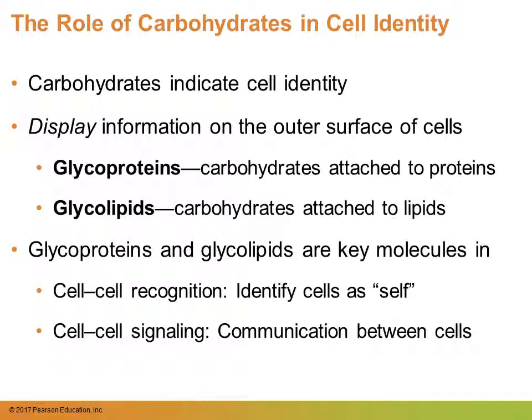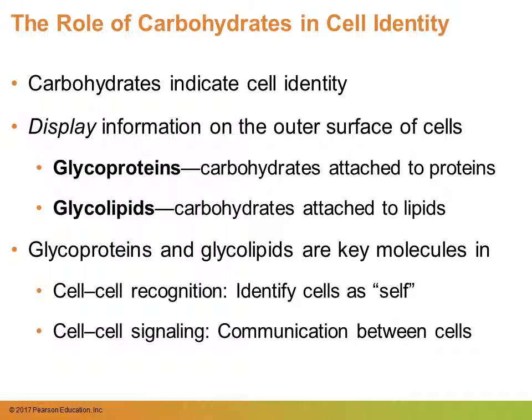Carbohydrates are also important for cell identity. A lot of the proteins embedded in the cell membrane are actually glycoproteins. There's also such a thing called glycolipids. If we look at both of these words, the prefix glyco refers to sugar. And when I think of glyco, I always think of glucose.